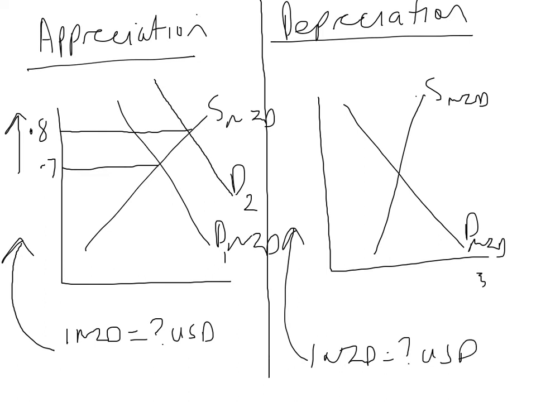Alright, and so I'm going to give a value here. I'm going to call that 0.7. Now, what happens if the demand for the New Zealand dollar decreases? And we'll discuss reasons for that happening later. Well, you know what we have to do. We have to shift the demand curve back this way. So we've got a new equilibrium exchange rate. Let's go in and give it a value.